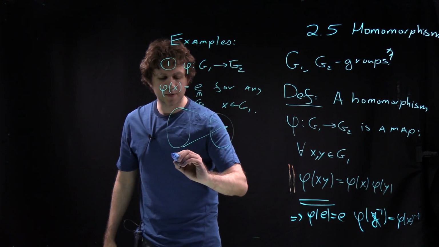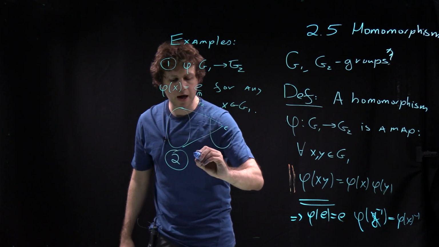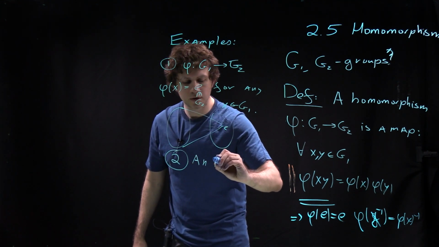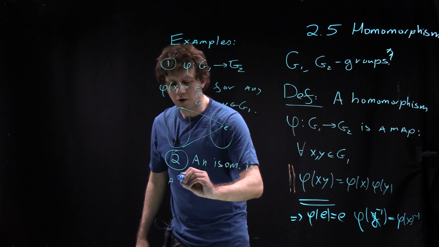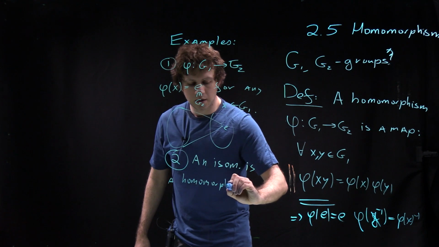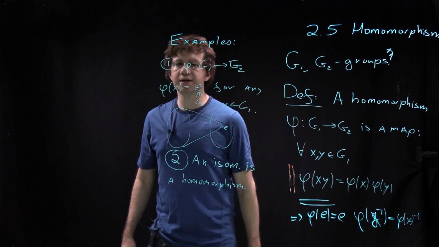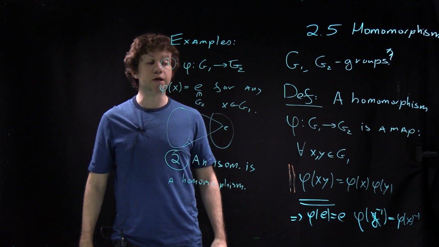The second example is also not particularly interesting for us, because definitely an isomorphism is a homomorphism. You have already seen a similar definition in linear algebra.